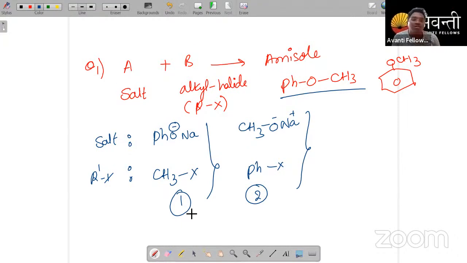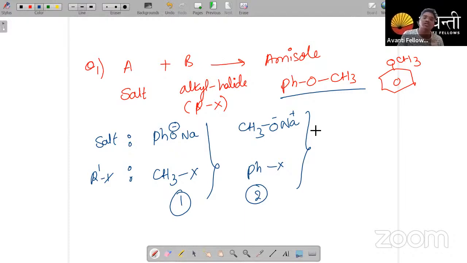Which set is the most suitable one for the preparation of anisole? At least try to answer by throwing a stone. Set 1 or set 2 is the most preferable one. I'm not getting any answers.